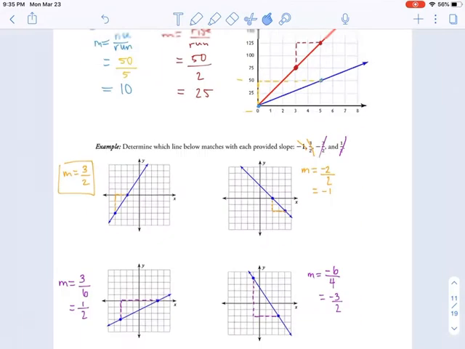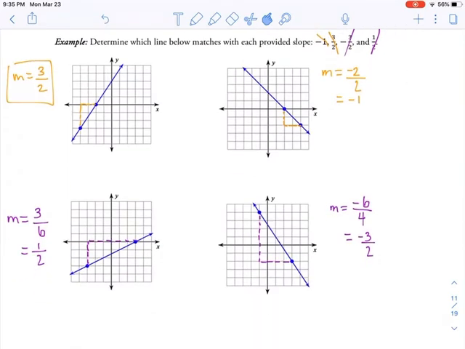That's that example. So you can see in each case, all we did was start at the first point, the leftmost point, and move over to the rightmost point, counting up or down, and then from left to right. A quick note, if you were to count from right to left, then you would be counting a negative run.